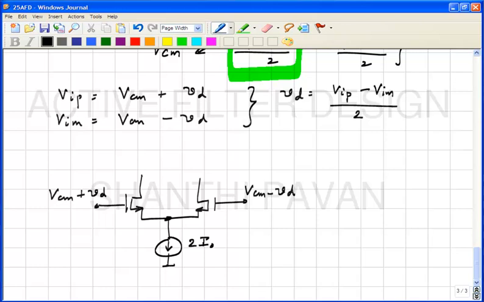And let's say we connect up these two drains to a sufficiently large voltage so that the transistors M1 and M2 operate in saturation.